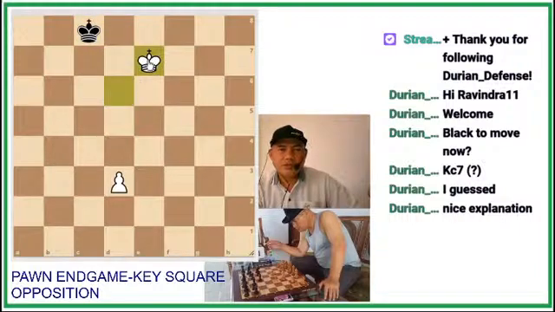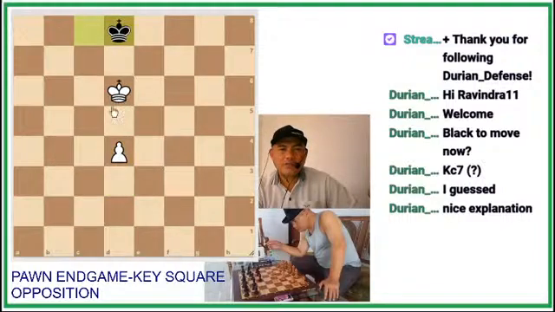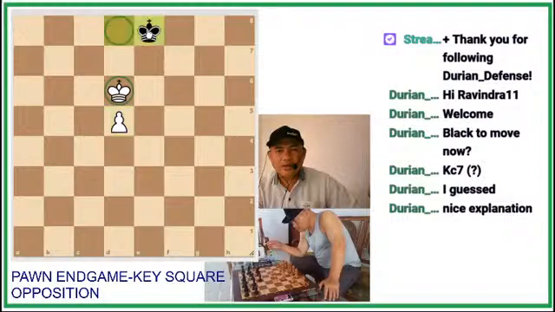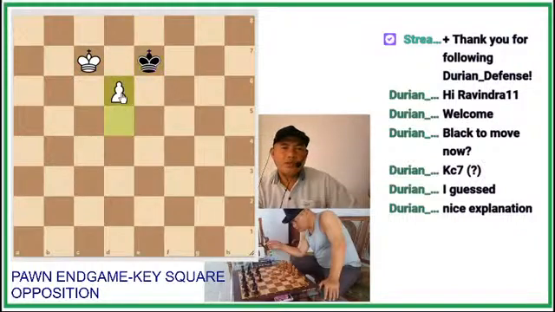This is winning for white because he gets the key square. Or even in this position, white can just move his pawn once because he still has an extra move. After this, he can move this. This still puts black in zugzwang, he leaves this key square, and this is winning.